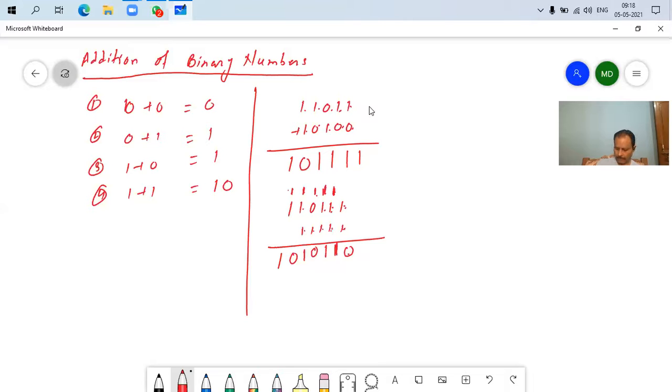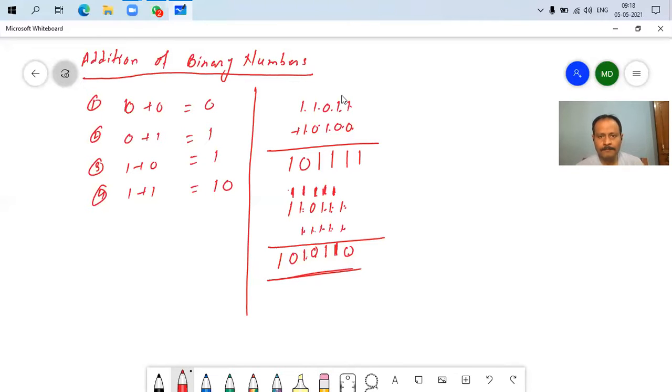Now 1 plus 1, 10 plus 1, 11. Carry 1. 1 plus 1, 10. We have a carry 1. 1 plus 1, 10 plus 1, 11. Carry 1. And 1 plus 1 becomes 10. So this is the answer.